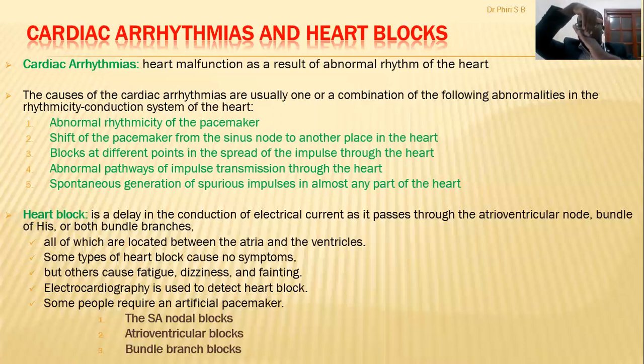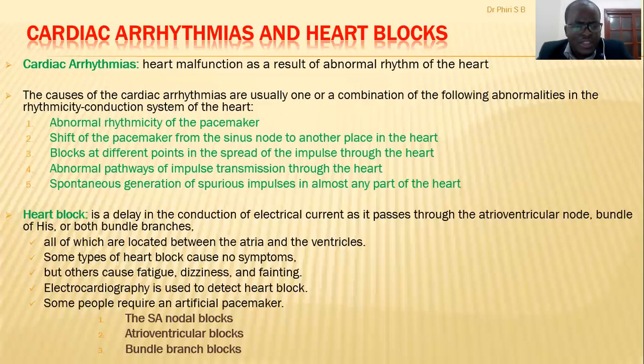That will result in abnormal cardiac rhythm, or arrhythmias. So sometimes to treat that, artificial pacemaker cells can be implanted into the heart. Then they'll be able to stimulate the ventricles to contract at the normal rate. So that's one way of treating heart blocks, especially complete heart blocks of the AV node or the bundle of His, where you can use an artificial pacemaker.